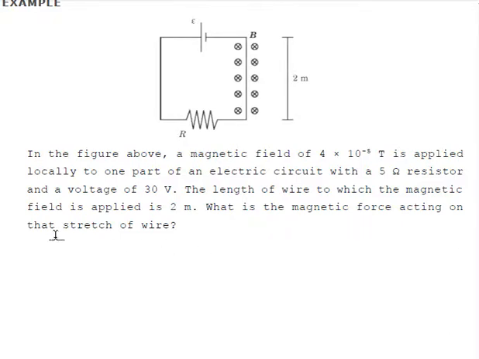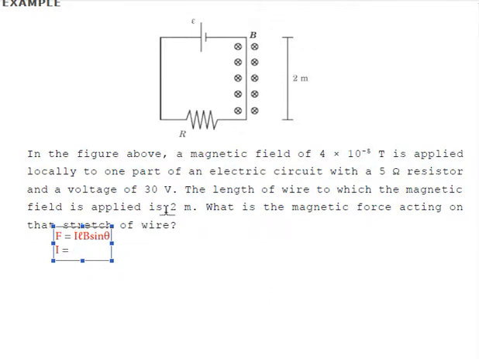So we know that we have to get to F equals I L B sine theta. So let's start going through here and figuring out what some of these different pieces are. The current, we're not given a current, but we are given enough pieces to figure out what the current is.